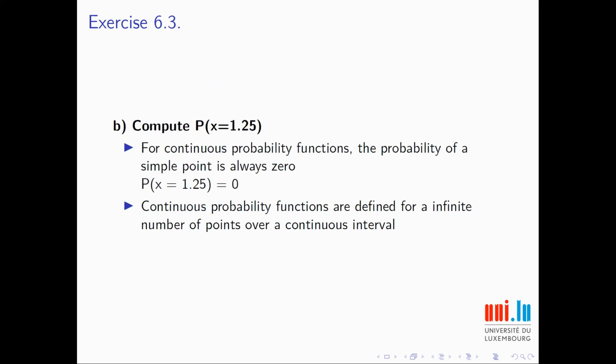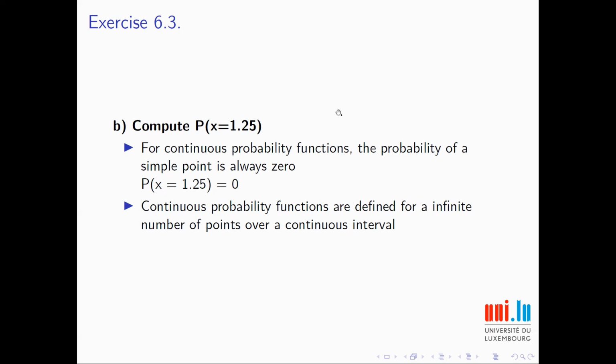When we have an infinite set of possible outcomes, then the probability of one particular outcome is, as I told you, always zero. Just for you to remember.